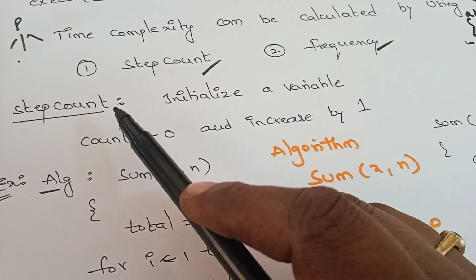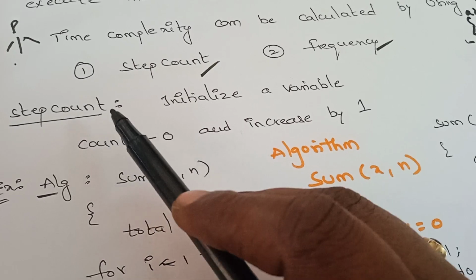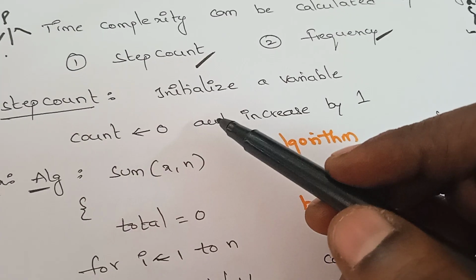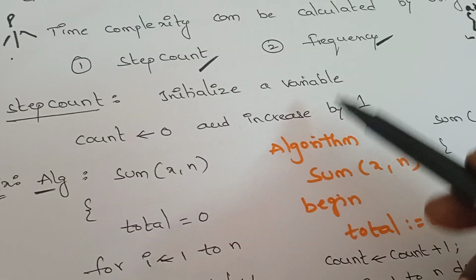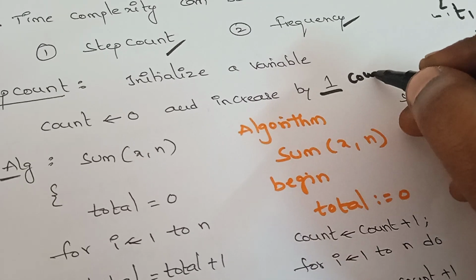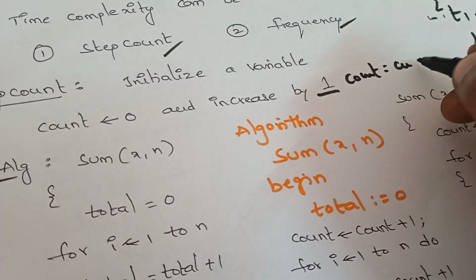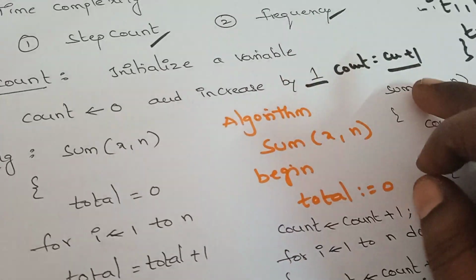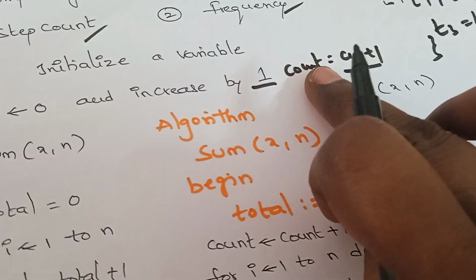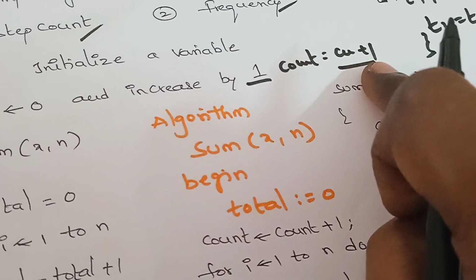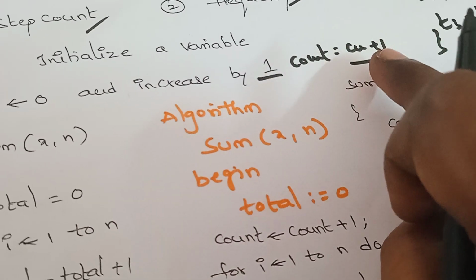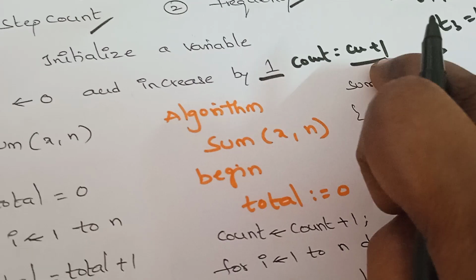So step count means we will be increasing the count variable from 0 to the next level, that is, increasing by 1. That means count is equal to count plus 1. This is step count, and this 1 indicates a step count of 1. If I write here count is equal to count plus 2, then that indicates 2, meaning the time complexity is also 2.